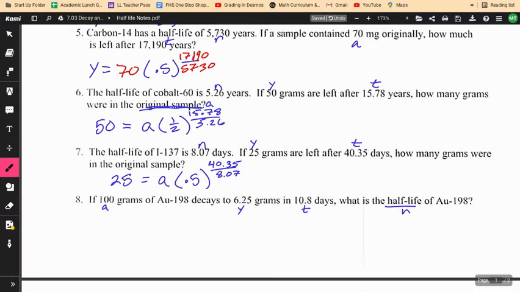So we have the final amount is equal to the initial amount times 0.5 raised to the power of 10.8 divided by N. Okay, so that is all my equations. Okay, so this is the most important part. If I can set up my equation, then I should be able to solve these problems.